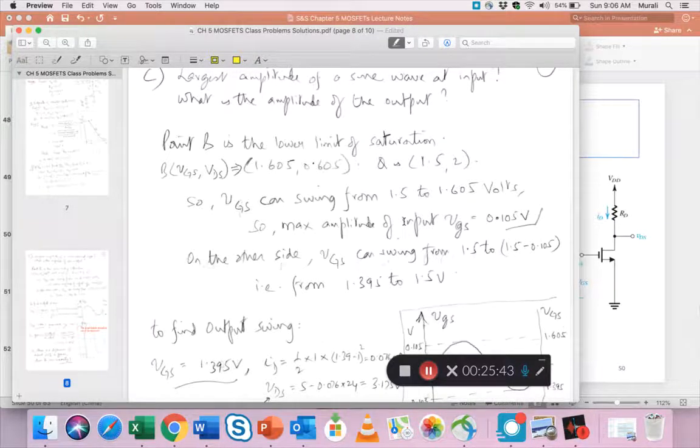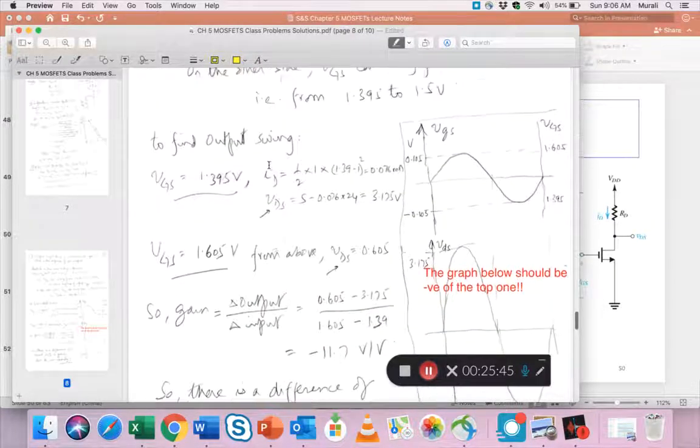And this is on the input side. On the output side, you could have used the amplification formula, right? But we've been asked to do it both ways. So what I did is, for this VGS, I found the ID and I found the exact VDS.